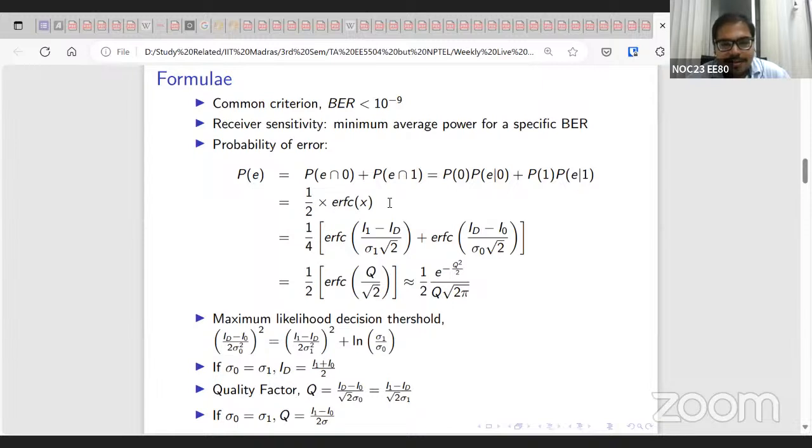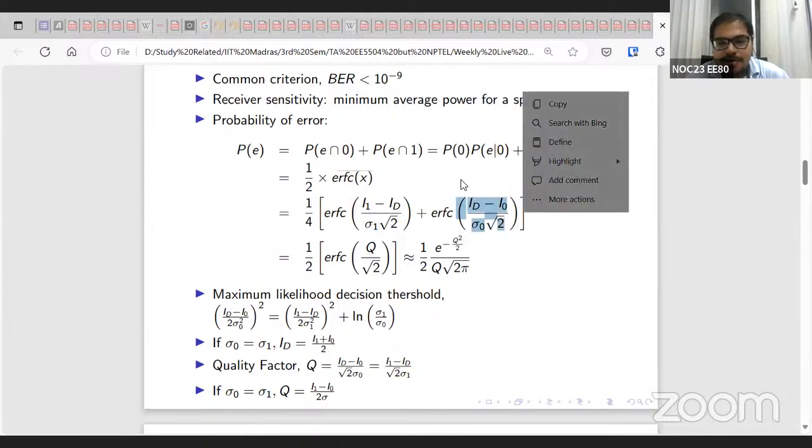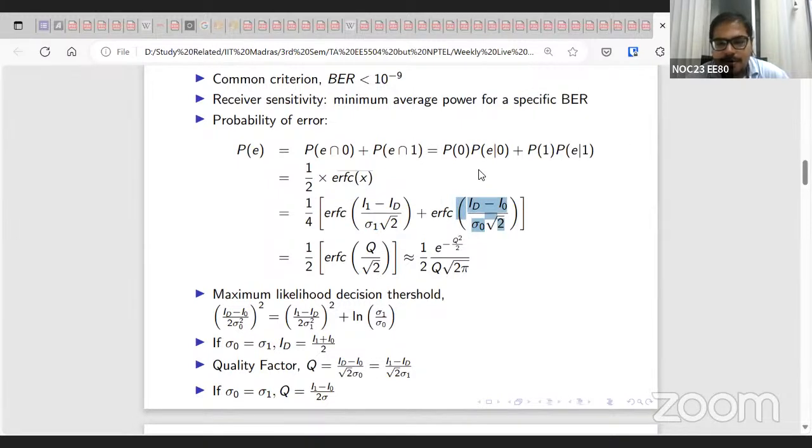Okay, this I forgot to add. Then probability of error given 0 will look something like this. And probability of error while sending 1 will give this expression. And you can simplify if we say that ID is equal to the halfway point of I1 and I0, basically ID equal to (I0 plus I1) by 2.